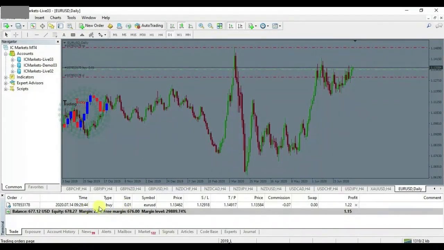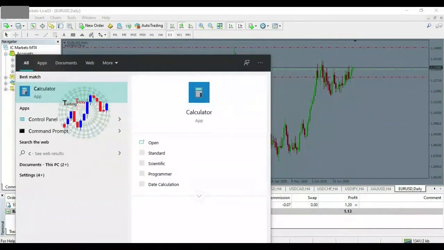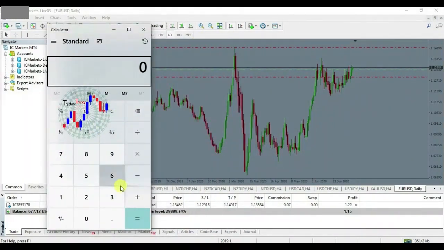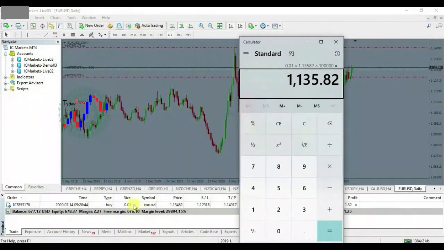They booked my margin as $2.27, but this is not the real margin, because if you want to buy 0.01 lot from the market, you need to pay the unit, 0.01, times the current price, 1.3582, then times 100,000. So this is the real price for one cent lot.